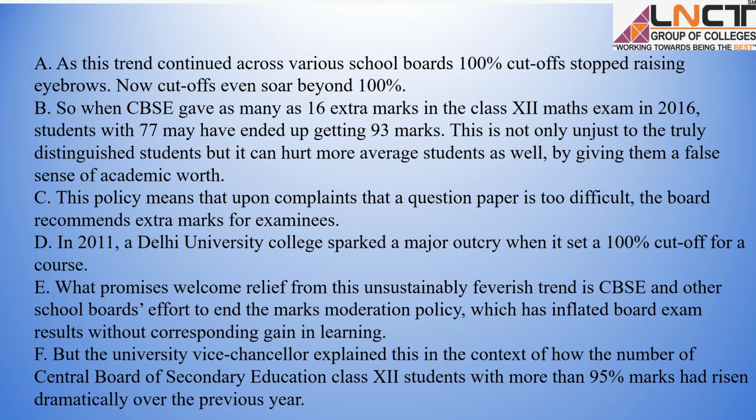So a trend was mentioned in A, and now the author goes on to say that a relief from this trend is provided. So logically, this must be the next sentence. What promises welcome relief from this unsustainably feverish trend is CBSE and other school boards' effort to end the marks moderation policy.